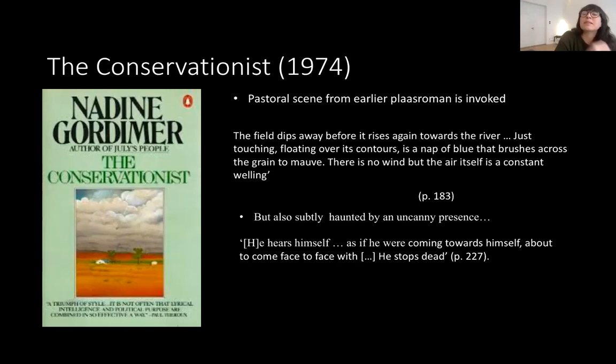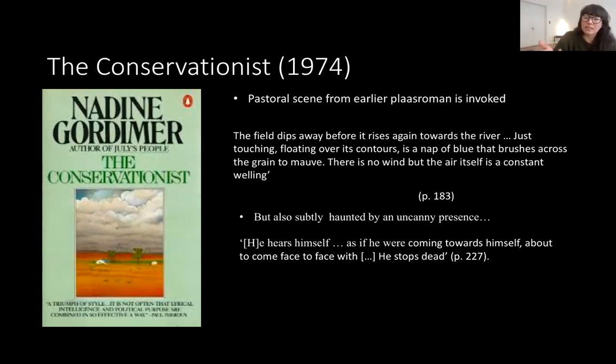And then across the text also, Mehring has strange encounters. Because of the style that the text is written in, they are subtle. The undermining of that pastoral beauty is done really, really subtly all the way through the text.